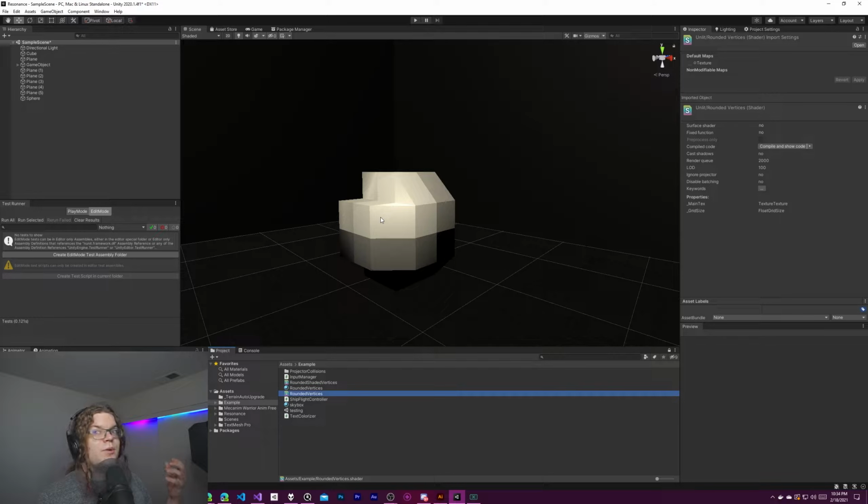There are a few reasons that we want to use a geometry shader instead of just trying to fix the normals normally. There may not actually be enough information for us to do what we want. In order to get those hard edges on the sides, what we're actually doing is changing the geometry of this thing.